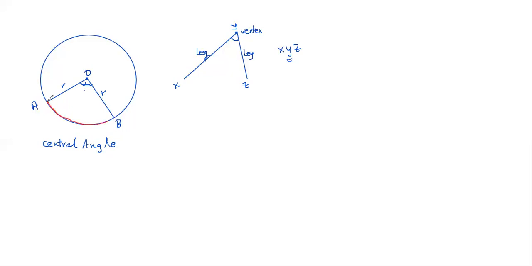So this central angle has arc AB, and we denote by this. OA is a line segment. OB is a line segment. This angle is a central angle. Okay, do you remember the sector lesson? That's called a sector. This is a sector. So I don't care about sectors now, we care about circle theorems.